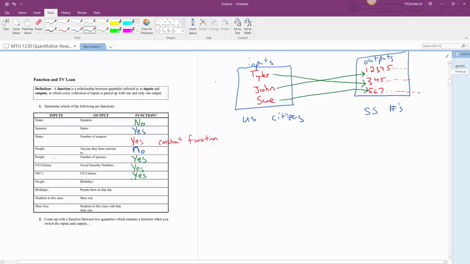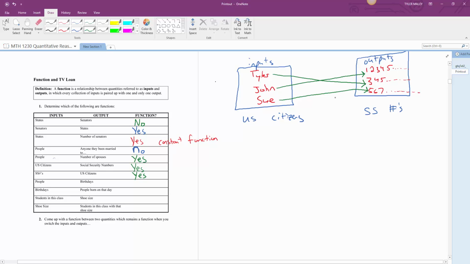Well, excuse me, I already marked yes for this row, but this is also true for the next row. If we think about it in reverse, Social Security numbers going to U.S. citizens, that will also be a function.